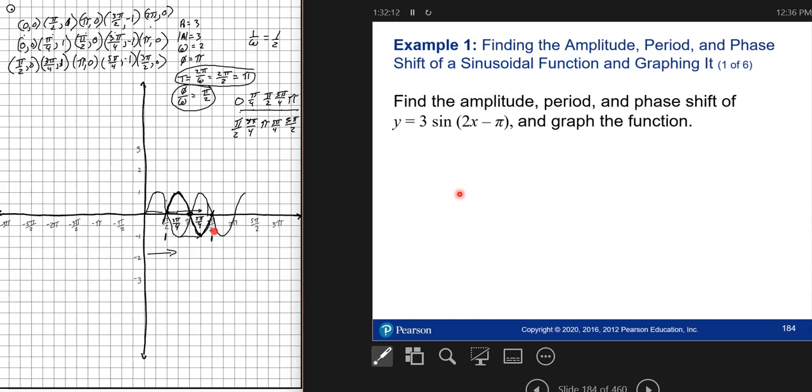All right. So that took care of everything in here. Now, once we're done in here, we need to multiply by 3. We multiply the y values by 3.